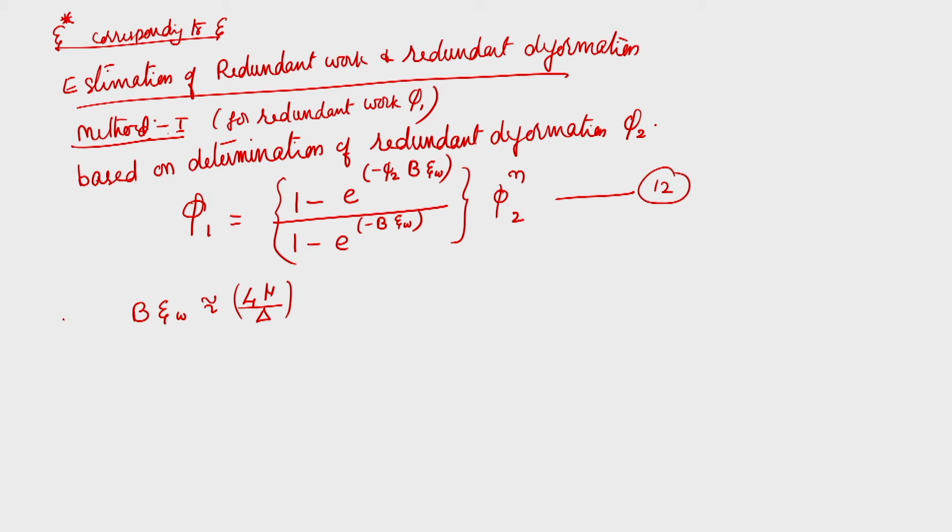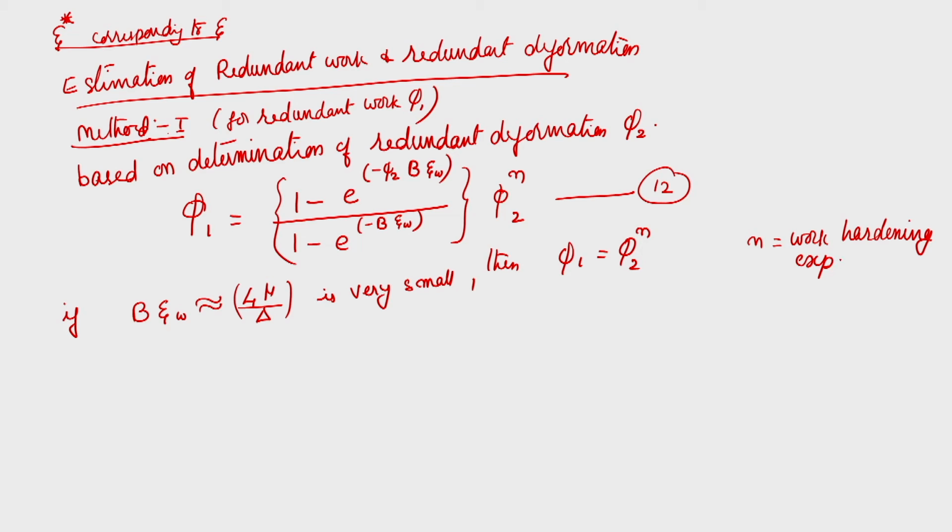So, if this is sufficiently small, then phi 1 is equal to phi 2 to the power n, where n is the work hardening exponent of the relation sigma equal to k epsilon raised to n. Okay, so that is the work hardening exponent which is coming.